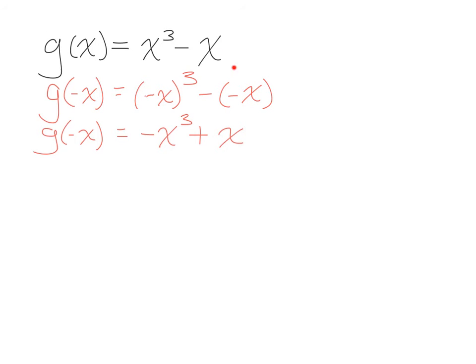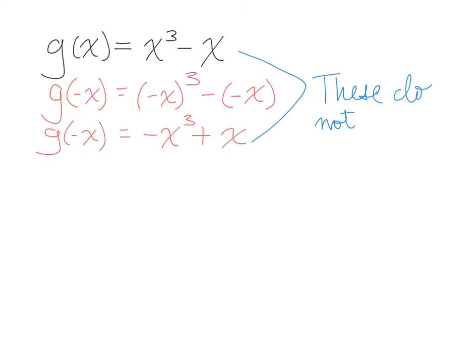That is not what we started with up here with g of x. G of x has a positive x cubed and a negative x. So we can say these do not match.